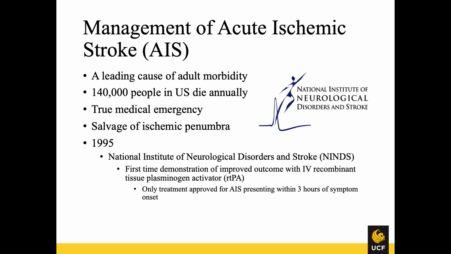It's the only treatment approved by the NINDS and by other authorities for treatment of AIS when they present within 3 hours of symptom onset. Now, there's some caveat to that. We're going to move in just a second to where that time can be extended for certain populations. But for right now, let's focus just on this 3 hours of symptom onset.